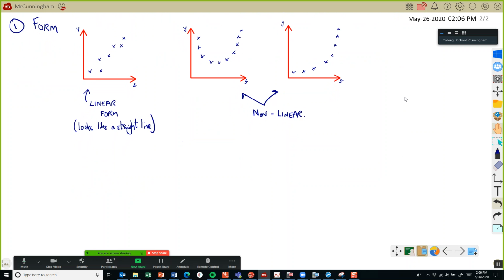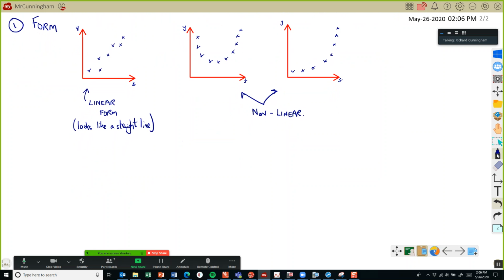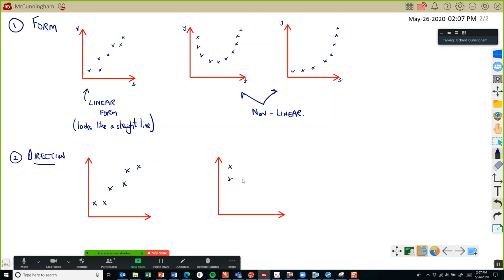And the second thing that we looked at was to do with direction. Some of you just mentioned this already. The direction was to do with whether our variables are increasing or decreasing. What kind of direction is this first one in? And what kind of direction is the second one that I'm drawing?